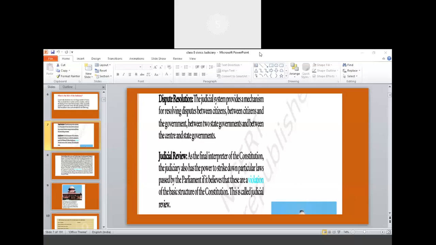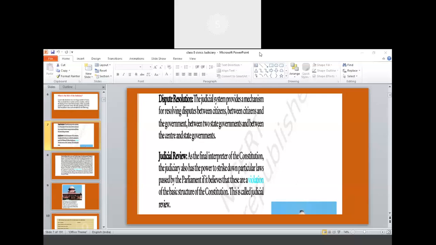the Supreme Court can hear 3 types of cases. First one, central government versus citizen of India.